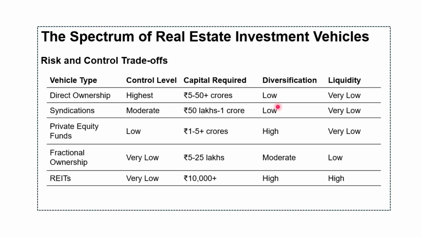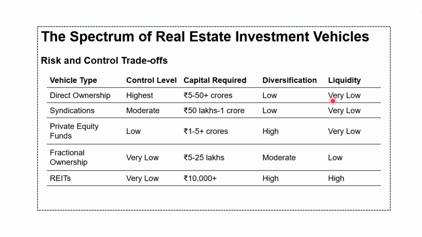Diversification possibilities are low, because given the sum required for this huge investment, there is generally little option for diversification after that, at least for a retail investor. And liquidity is of course not that high. You can't easily go and sell or buy a property immediately.